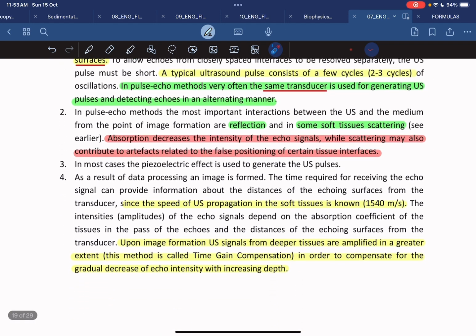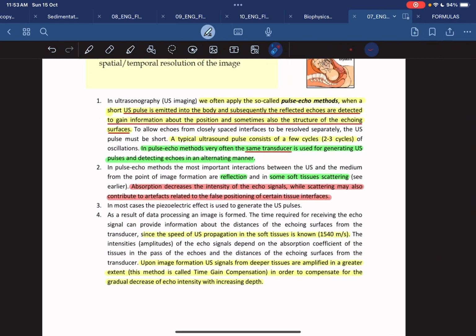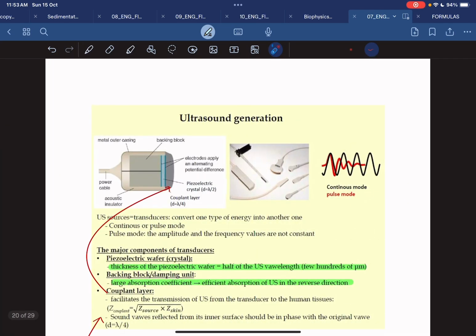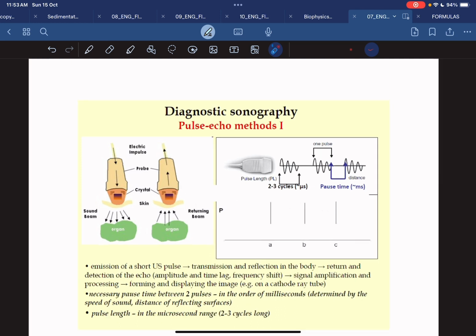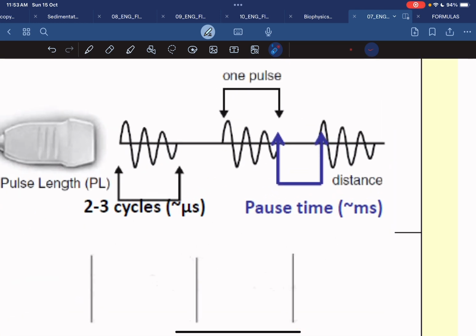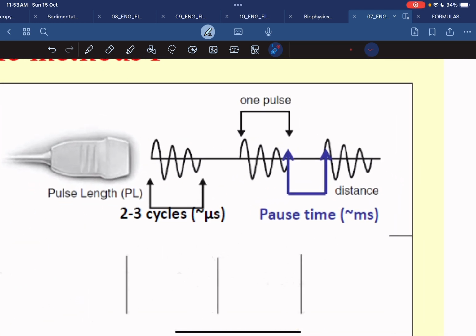Now, I need a diagram of the pulse echo right here. These are pulse echo methods. You pass a small pulse of ultrasound, which is usually 2 or 3 cycles. See, this is one cycle, then this is another cycle, this is another cycle. A pulse of ultrasound, and then you wait for some time.